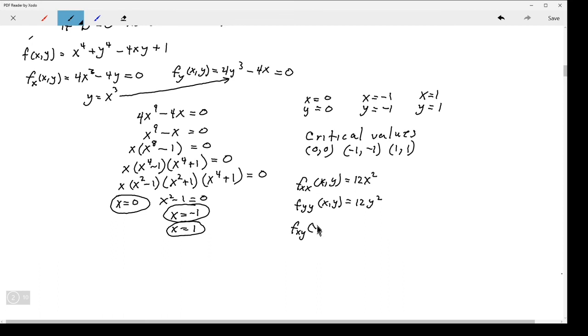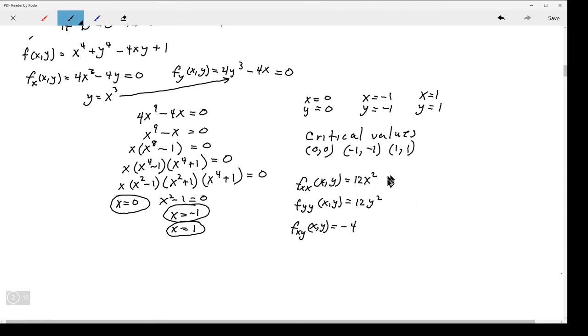Remember, I don't have to do fyx because my first partials are continuous, which means the second mixed partials are going to be the same. All right, so fx with respect to y, that's going to be 0. That's going to be -4.